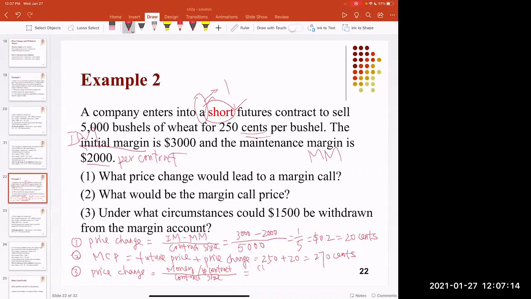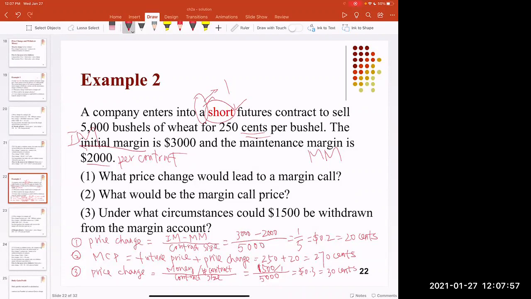So you want to withdraw 1,500, you just have one contract, and the contract size is 5,000. So what's the price change for question 3? Is that $0.3? So that's 30 cents.